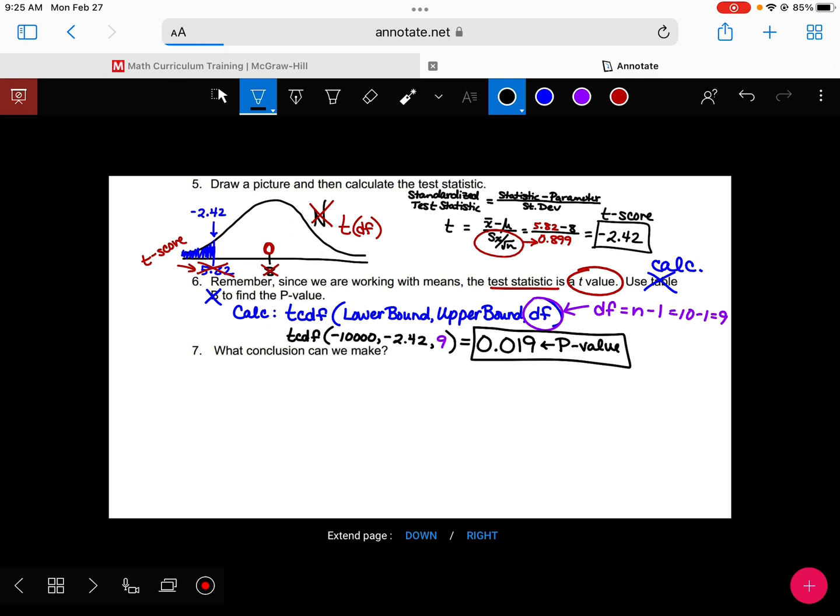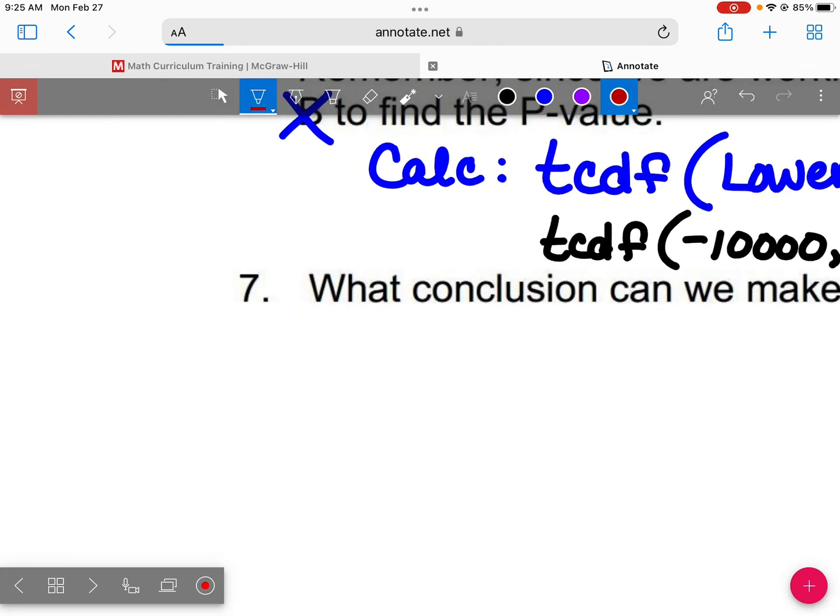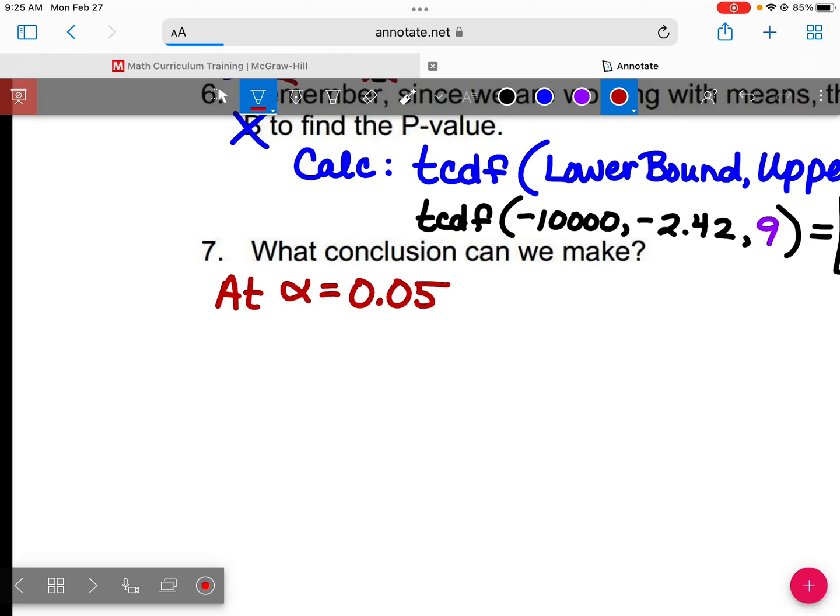So what conclusion can we make? Did we ever establish an alpha level? What is our typical alpha level most of the time? 0.05. So at alpha equals 0.05, let's make our conclusion.